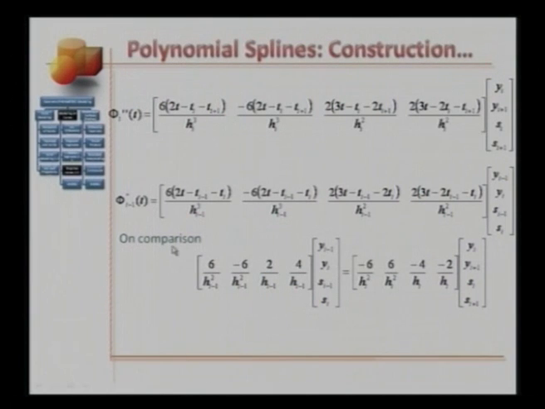On comparison, that is, when you impose C2 continuity conditions, we'll have this expression: 6 over hi minus 1 squared, minus 6 over hi minus 1 squared, 2 over hi minus 1, 4 over hi minus 1 times yi minus 1, yi, si minus 1, si is equal to minus 6 over hi squared, 6 over hi squared, minus 4 over hi, minus 2 over hi times yi plus 1, si plus 1.